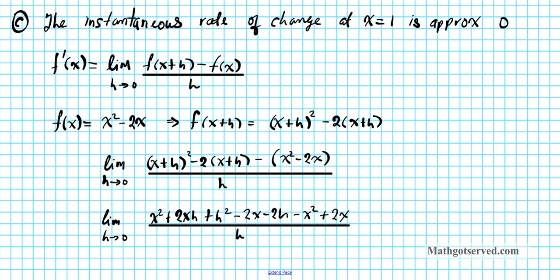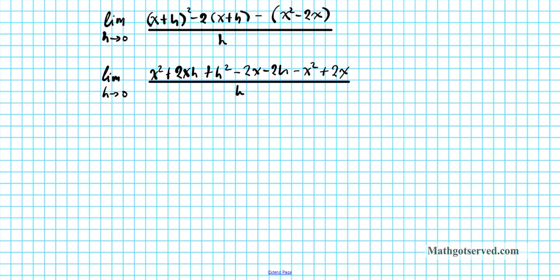All right, let's see if we can simplify this limit expression here. So what you notice is that this x squared and this x squared add up to 0. And then this 2x and this 2x add up to 0. So we're left with the limit as h approaches 0 of 2xh plus h squared minus 2h over h.